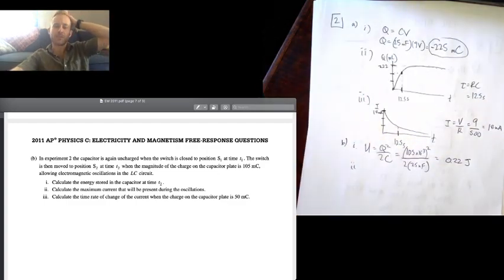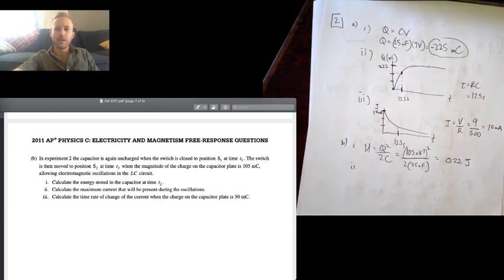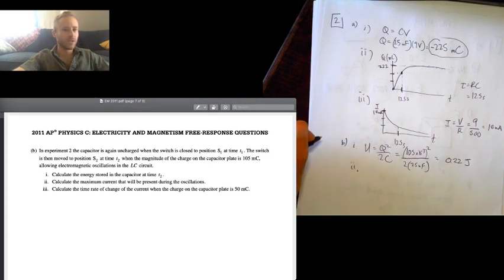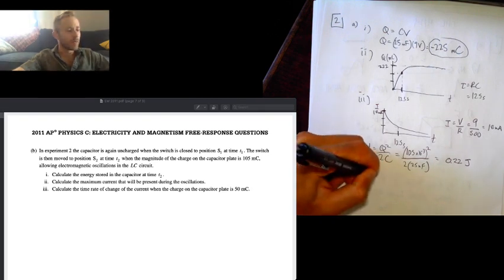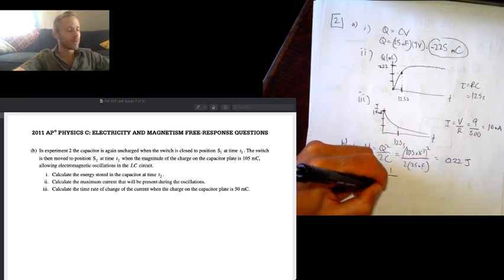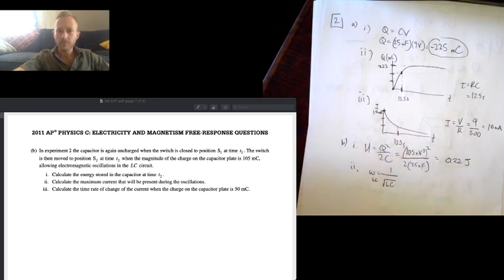Calculate the maximum current that will be present during the oscillations. So what I taught you was that the omega for an LC circuit is 1 over the square root of LC.